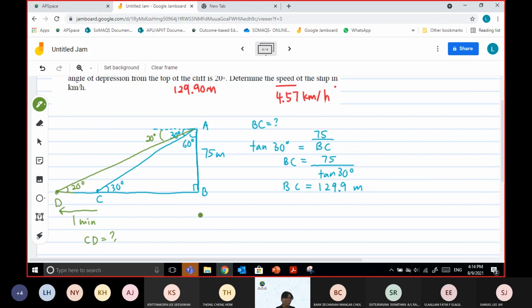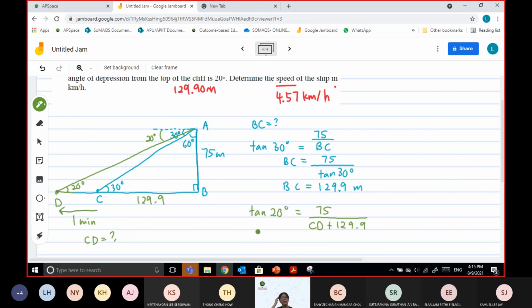Just now we got BC as 129.9. So tangent 20 equals 75 meters divided by the distance CD plus 129.9.